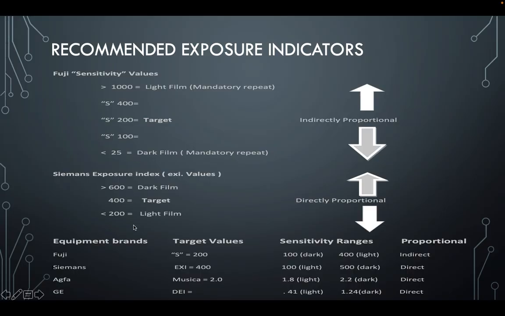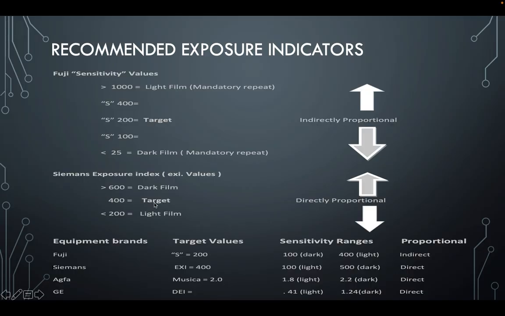Then Siemens is going to be direct. So maybe there's a target number, and I have provided you with the actual sheet that you will find in clinic. The target number for chest x-rays differs from all other parts, so make sure that you look at this sheet in your departments. It's on Schoology as well.